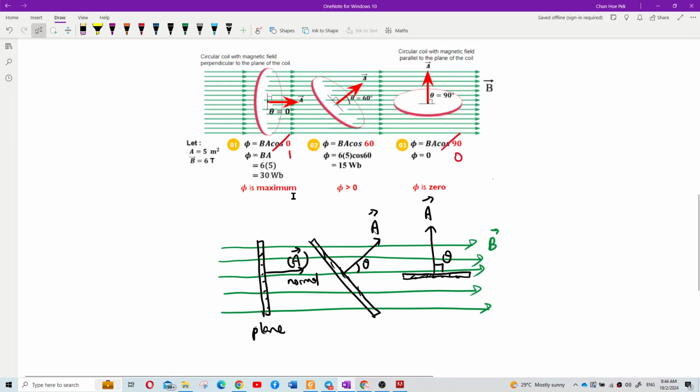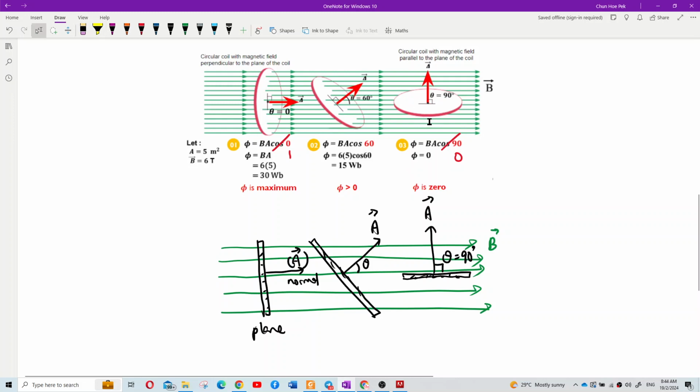So you get maximum flux. But for cos 90, like this one, the area is perpendicular to the magnetic field. So theta is equal to 90 degrees, then it becomes cos 90. We know cos 90 equals 0. So BA multiplied by 0, you get 0 flux.